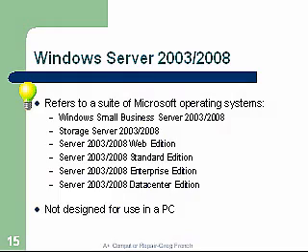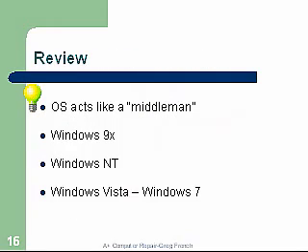Review. The OS acts like a middleman. A real important concept to understand. We need an OS for the user to be able to manipulate or run the hardware. It becomes the middleman between the user and the hardware. Windows 9X, 95, 98, ME had DOS as part of it. Windows NT removed the DOS. We have new technology, actually a brand new operating system.